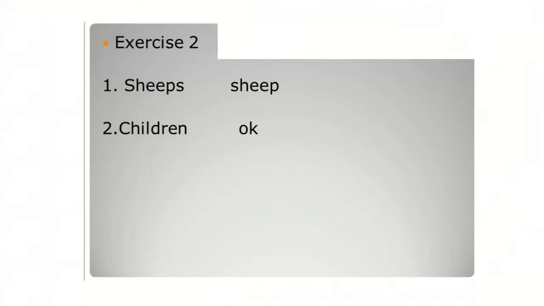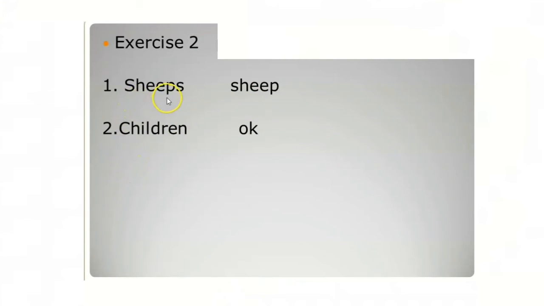We will move to exercise 2. The question is, some of these plural nouns are wrong. Correct them or write OK if they are correct. So here بدي أشوف هول plural nouns. إذا هن صح, I just write OK. إذا هن غلط, I have to change and correct them on the lines below.